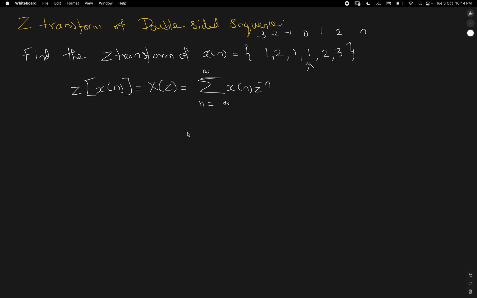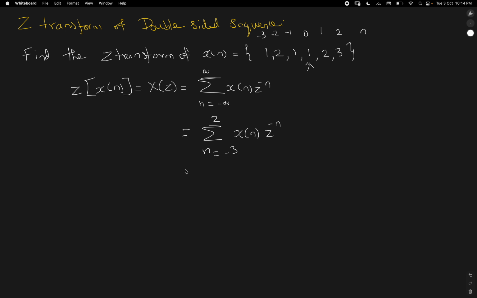So the useful limits of n are nothing but n equal to minus 3 to plus 2 for this case, and this is the modified version of the Z transform formula for this problem.